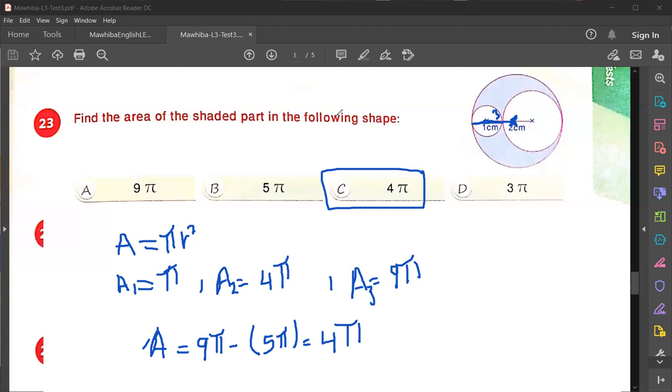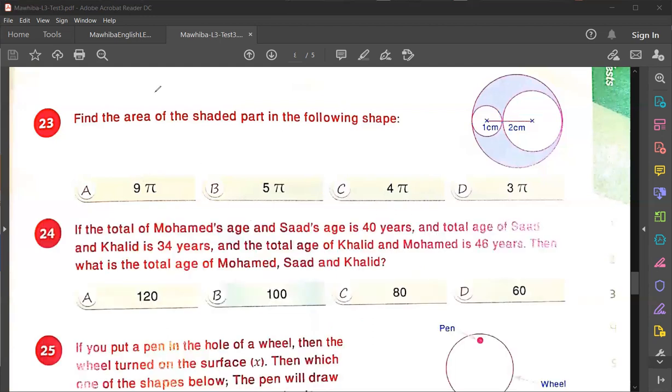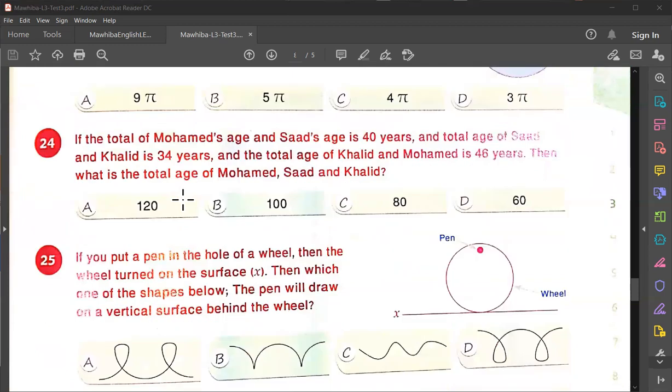Okay, now the last 2 questions. If the total of Muhammad's age and Saeed's age is 40 years, and the total age of Saeed and Khalid is 34, and the total age of Khalid and Muhammad is 46, then what is the total age of Muhammad, Saeed and Khalid?